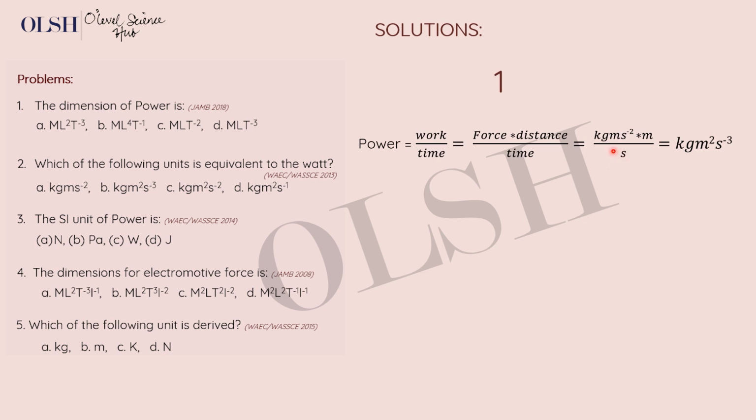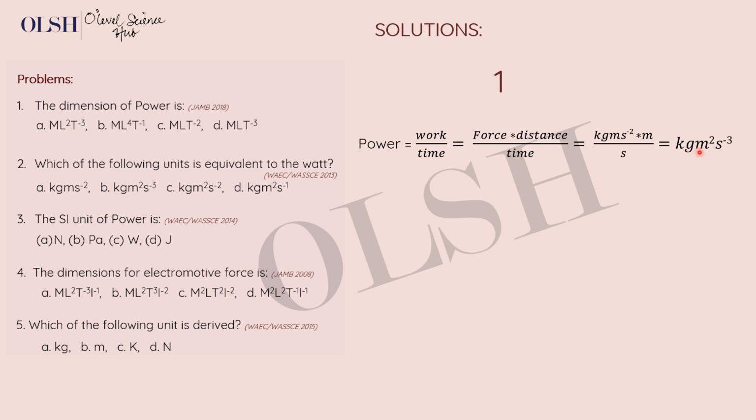So if we simplify this, the s can be represented as s raised to the power minus 1 above here. If we move this upwards, we're going to have kilogram meter per second squared, per second, times m.